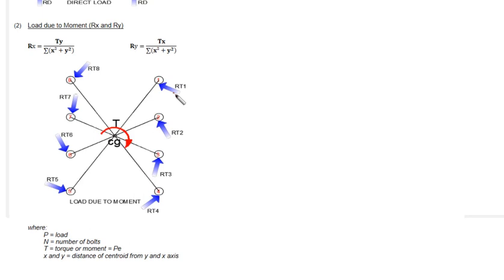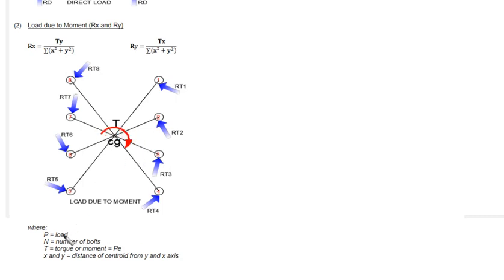So, yung torsional moment natin, if counterclockwise, yung load due to the moment per bolt natin, the direction nung load due to moment natin is against nung direction nung torsional moment natin.